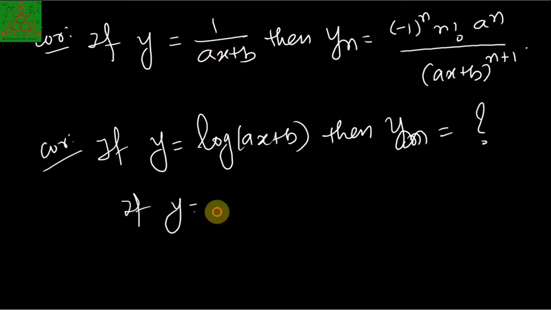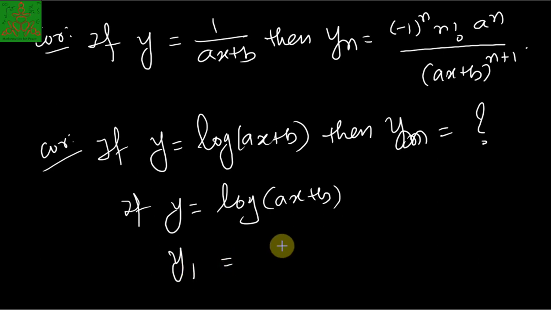If y is equal to log (ax plus b), then the first derivative y1 is 1 upon (ax plus b) into a. And the nth derivative of 1 upon (ax plus b), we have a formula like this.